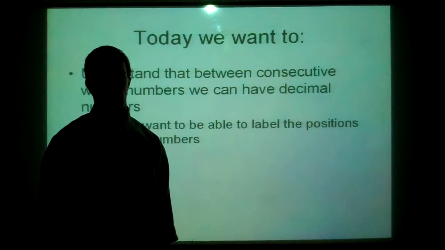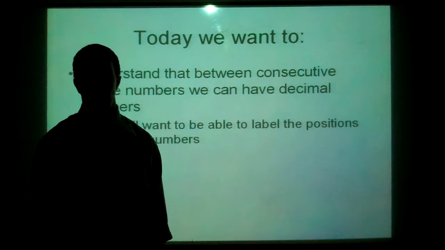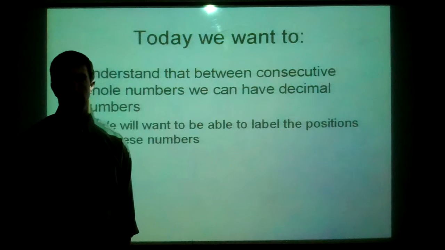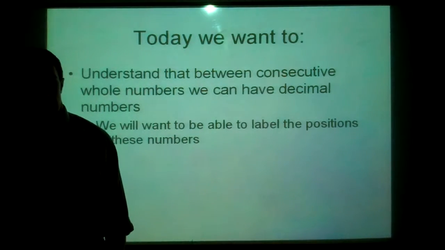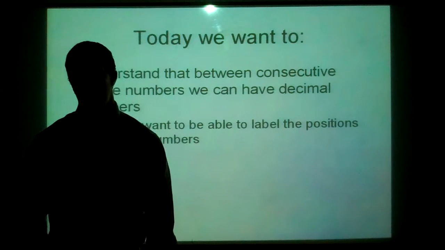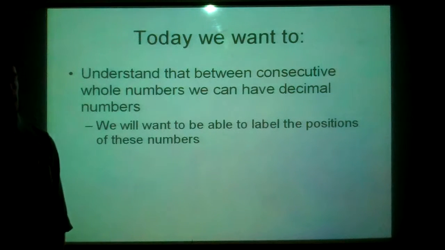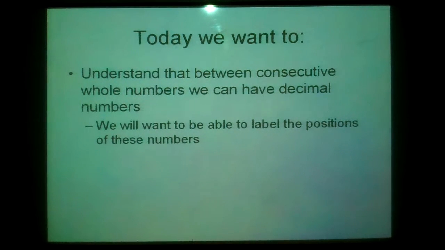Between 2 and 3, you can have numbers like 2.1, 2.5, 2.65, 2.7, that type of thing. So we want to realize that we can have those decimal numbers in between consecutive whole numbers.